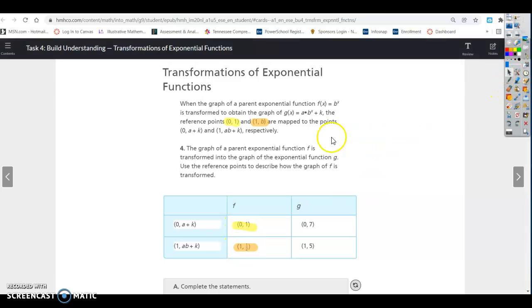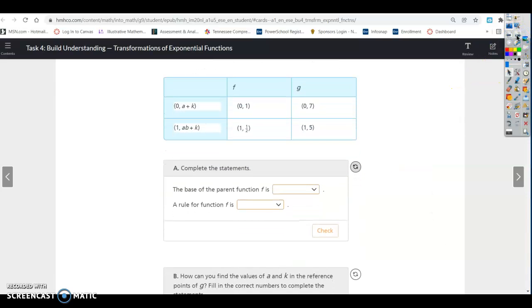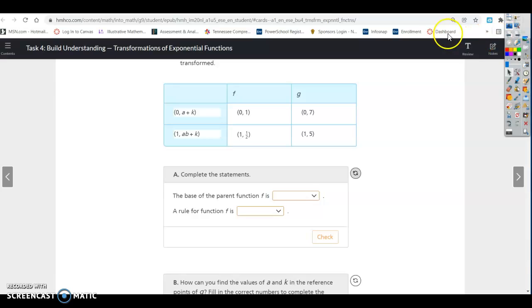All right, so it says it's mapped to these points. So these points come from these equations here. So a plus k equals 7, and ab plus k equals 5. And then the 0, of course, and the 1, they're already there. So basically, you're looking for the new y values. All right, so it says the base of the parent function f is, okay, well, this is your b.